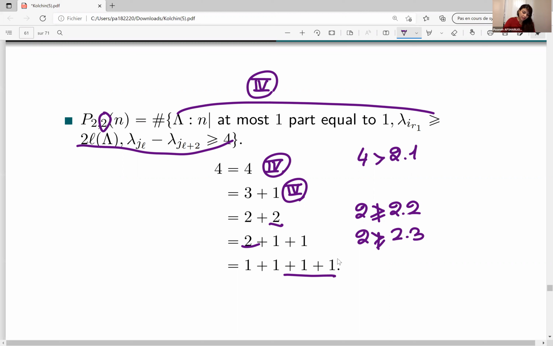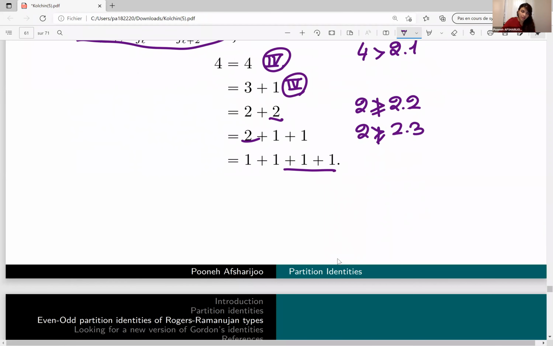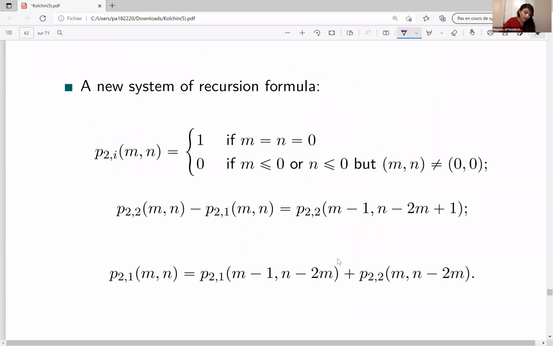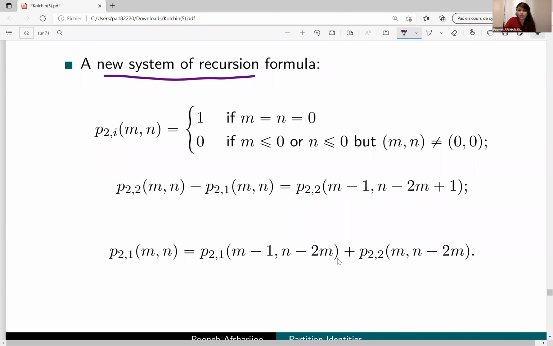In order to prove this theorem, I used a third method, which is again combinatorial. This time I created a new system of recursion formulas, and I proved that P2I of Mn verifies this system and is uniquely determined by this system. And note that proving that P2I verifies these equations is not trivial and is not easy, as we saw earlier for C2I of Mn.